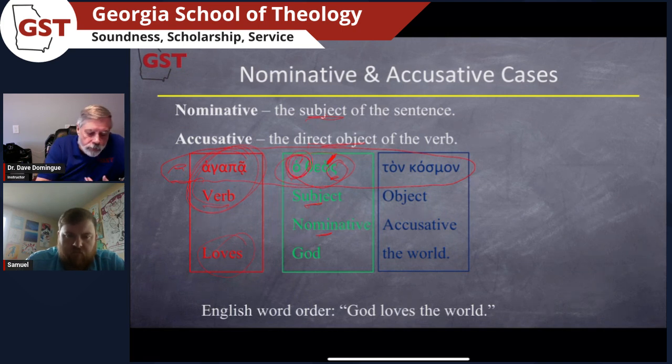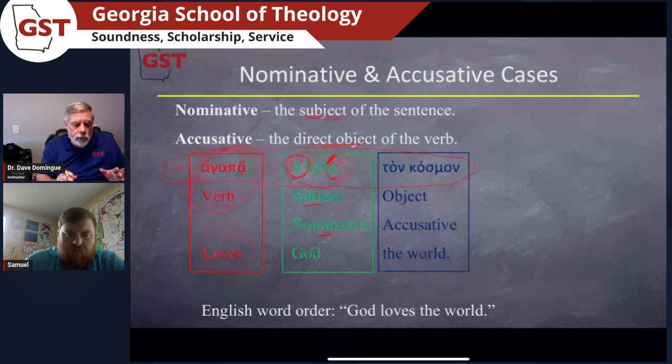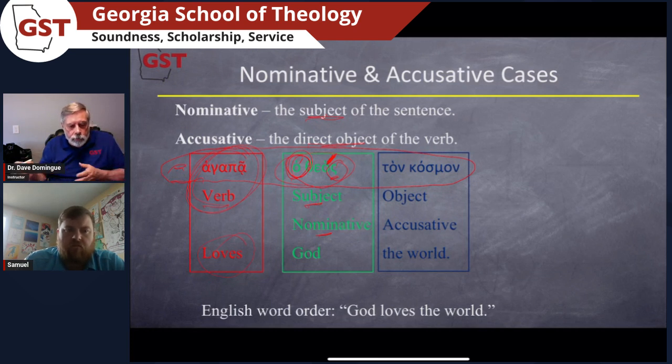The article is a very critical key reference. If you learn the article paradigms, ho, he, to, then the masculine, feminine, neuter for nominative, and on down the line, then even if you don't quite get kosmon and you know ton, oh, well, that's the accusative, so it's functioning as the object.